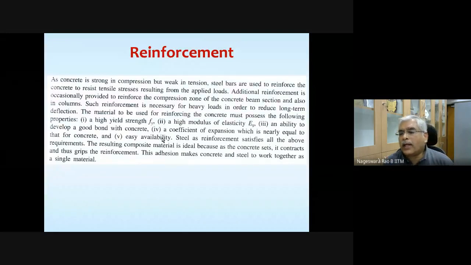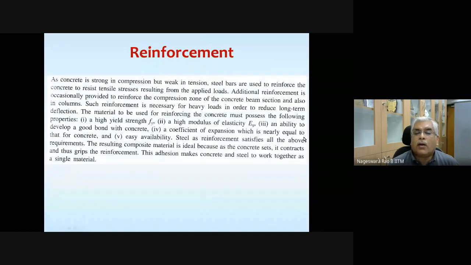So what kind of material can be a candidate for this? Steel. Steel as reinforcement satisfies all the above requirements. The resulting composite material is ideal because as concrete sets, it contracts and thus grips the reinforcement.